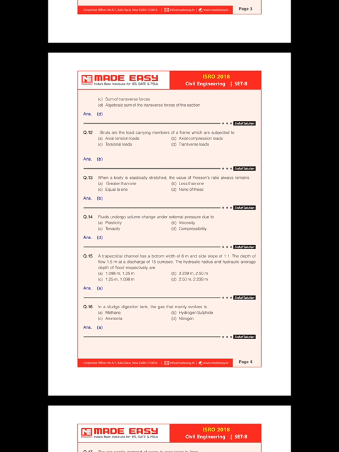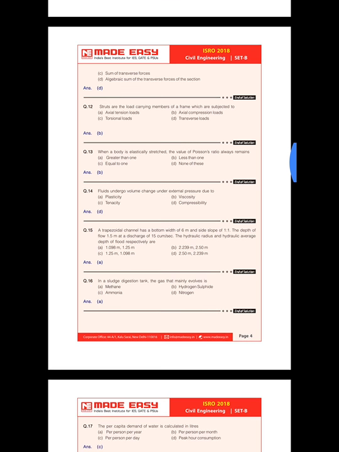For example, 0.25 for isotropic material, for concrete it is 0.215, and for steel it is 0.30. It will always be less than 1.